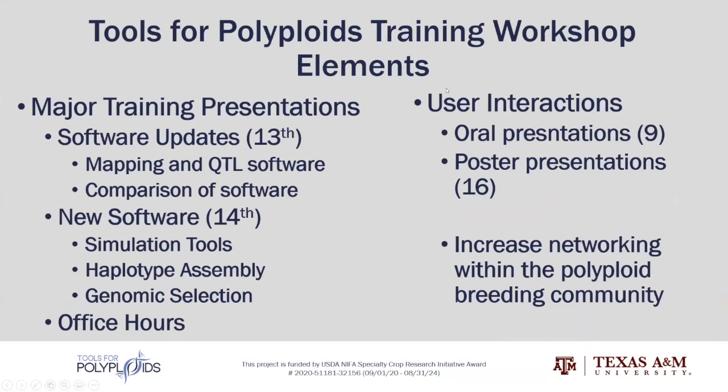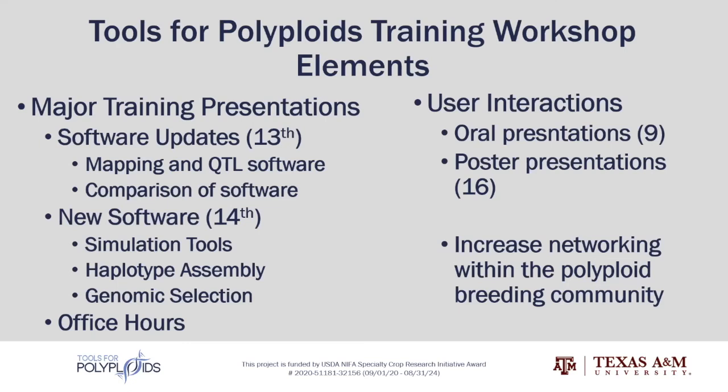Now for this series of talks that we have this year, this training workshop, the elements are, one, as before, we have the major training presentations. So today is mainly software updates on the mapping and QTL software, and then we're going to have one presentation by Jekin on comparison of softwares.